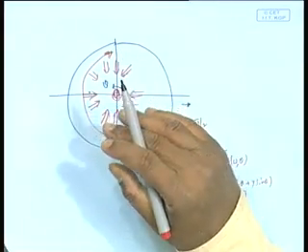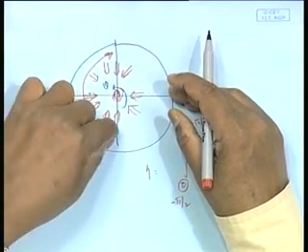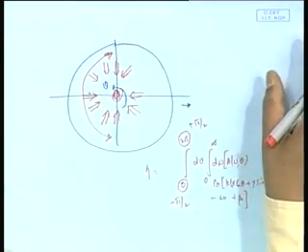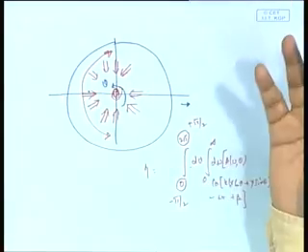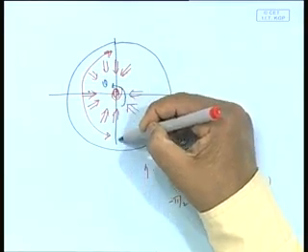Whether you call it 0 to pi, or pi to 2 pi, or minus pi by 2 to plus pi by 2, it is the same thing, because you are talking of waves coming over a half sector. It is more conventional, and physically also easier to visualize, to use minus pi by 2 to plus pi by 2.